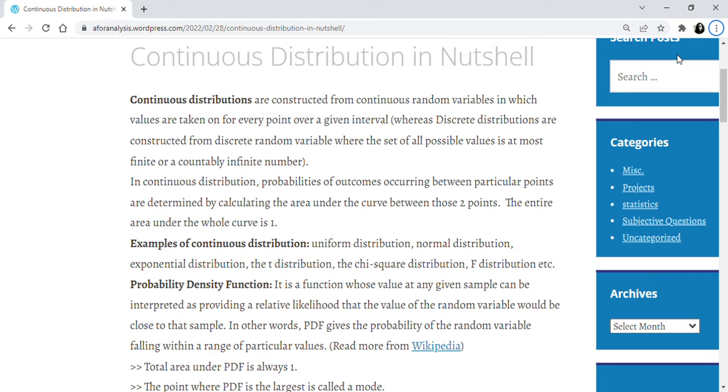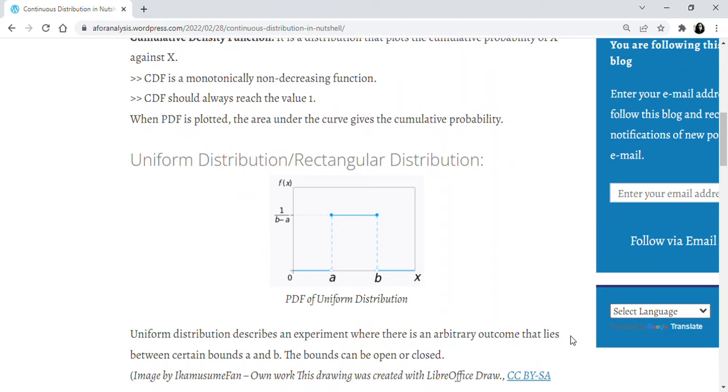Now let's take a look at this particular image here. The probability of the random variable x occurring between the values a and b will be determined by calculating the area under this curve, which is connecting these 2 points.